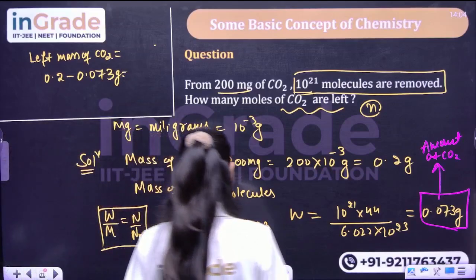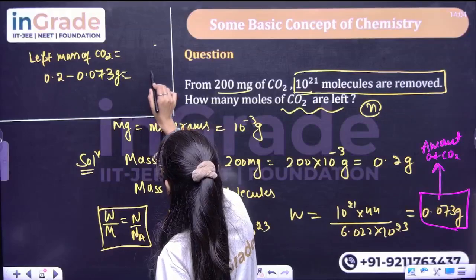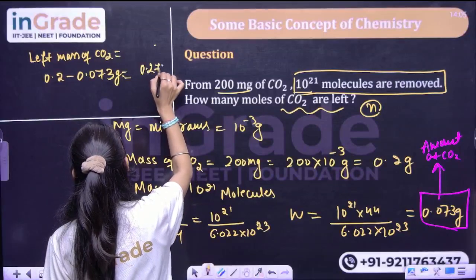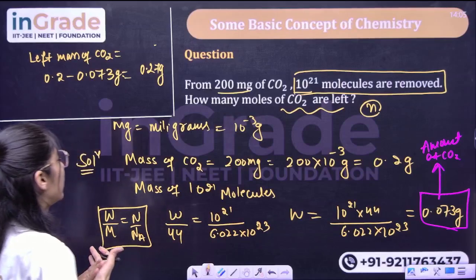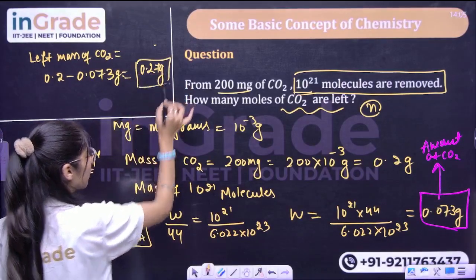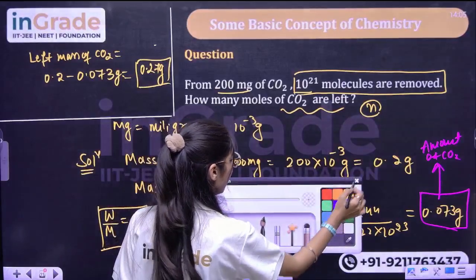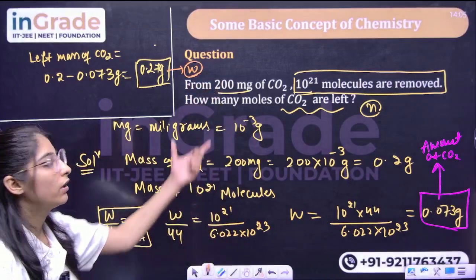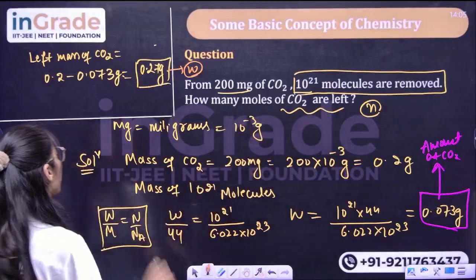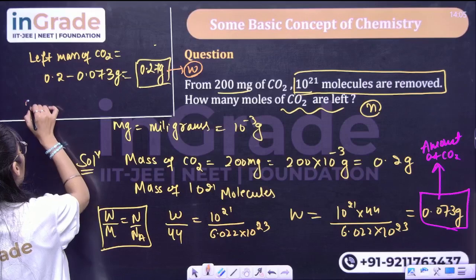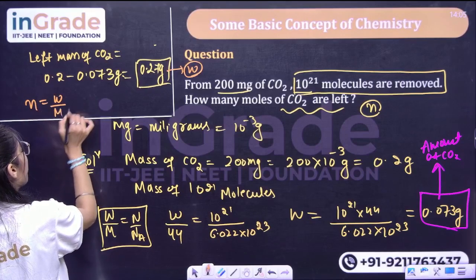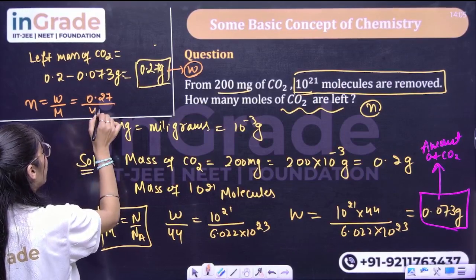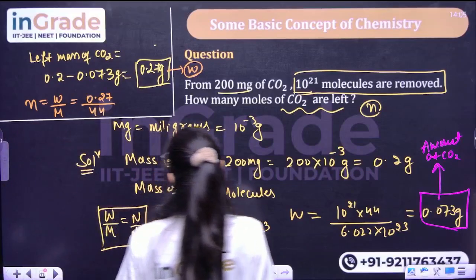So if you calculate it, it will be equal to 0.127, right? So this much amount of CO2 is left. This is in the form of mass. Now we have to calculate the moles. So how are we going to calculate the moles? We simply apply this formula which says n is equal to W by M, simply means 0.27 gram divided by 44 gram. Now try to solve this.